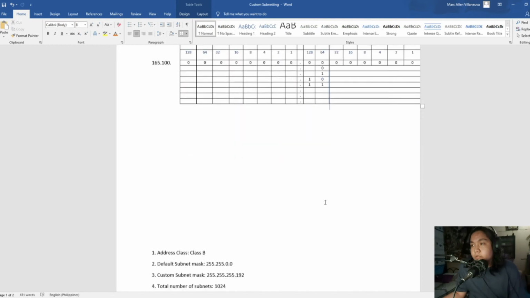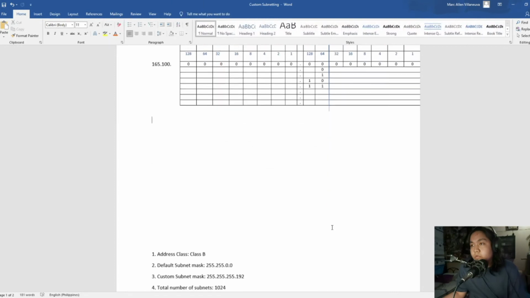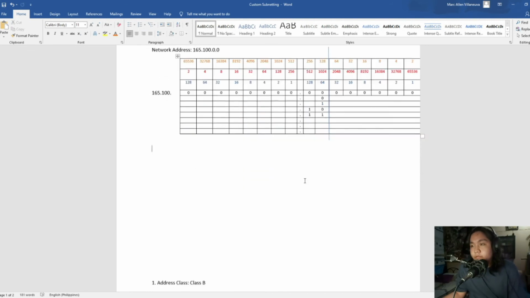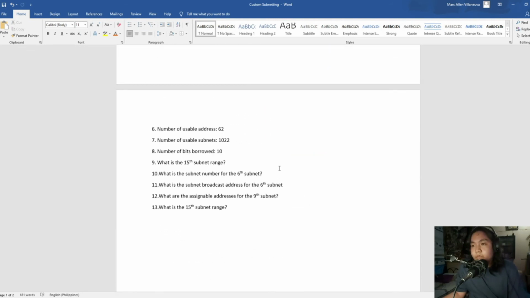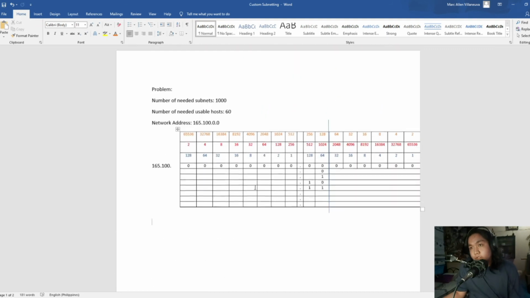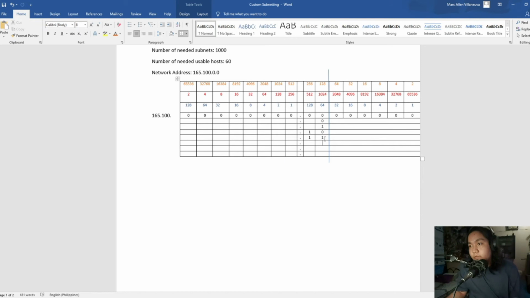So going back, the reason why we need this pattern again is so that we can answer some of the following questions right here below. Since they are asking what is the 15th subnet range, we need to make maybe 15 of this pattern.